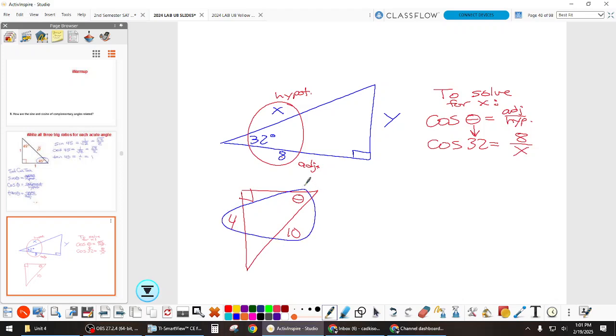So, CAH or TOA, which one of those relates those three? Well, here's theta, that's the angle that we're solving for, so we have to use it. What is the 4? The name of the side length 4 compared to theta? It's opposite, good. And then the 10? That's the hypotenuse, across from the 90.